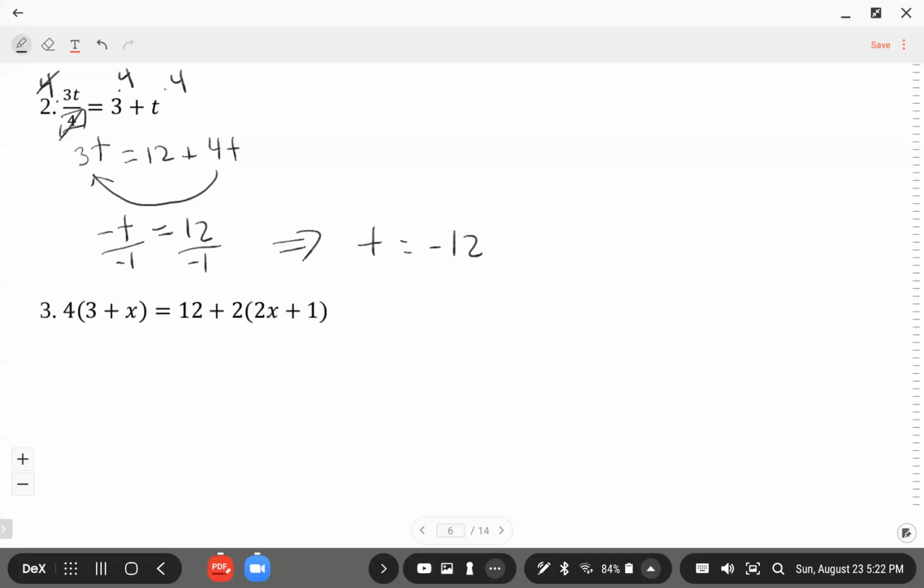In this problem, we talk about distributive property. Remember to multiply every term inside the parentheses by the number right outside of the parentheses, okay? So please solve this problem.